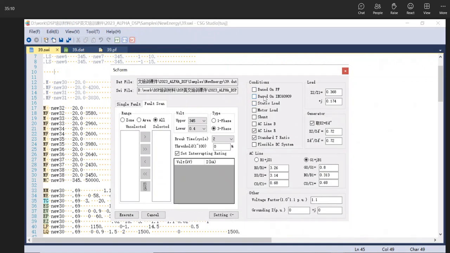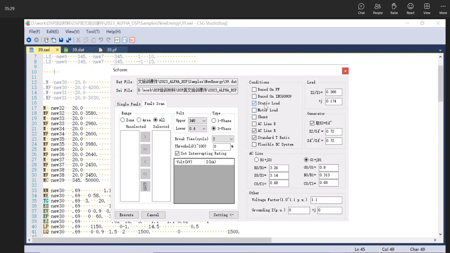Based on IEC, if we check this, it means some certain conditions. It's a national standard condition. Static load and a motor load. There are 2 types of load.